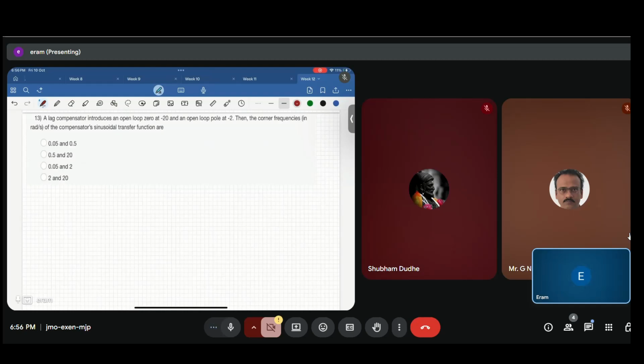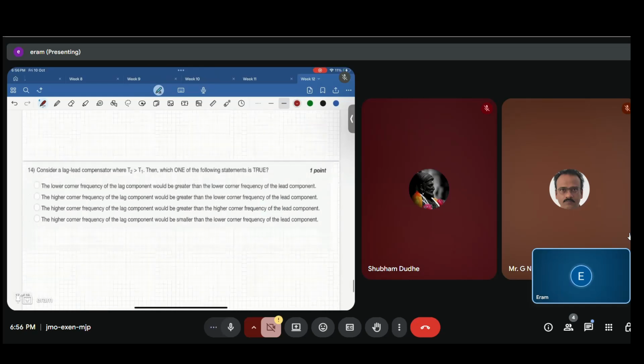So what will be the answer? It is just 2 and 20. The corner frequencies are 1 by T and 1 by alpha T, and these are nothing but the location of pole and zeros. Okay, so it is 2 and 20.